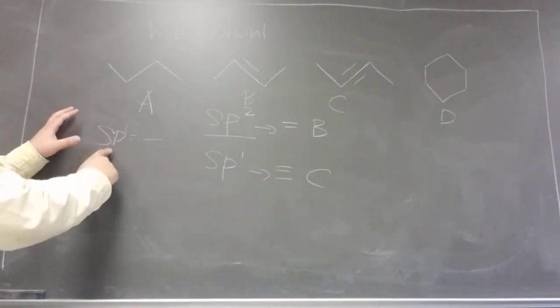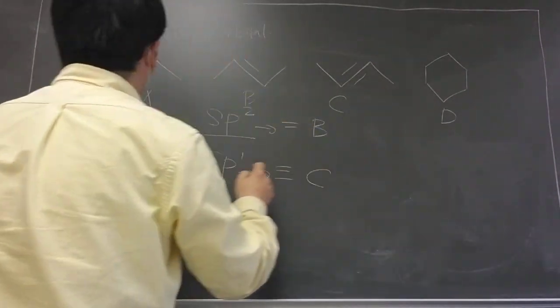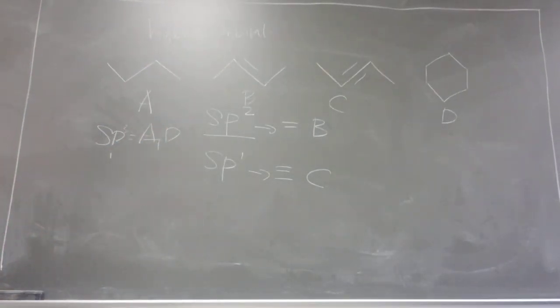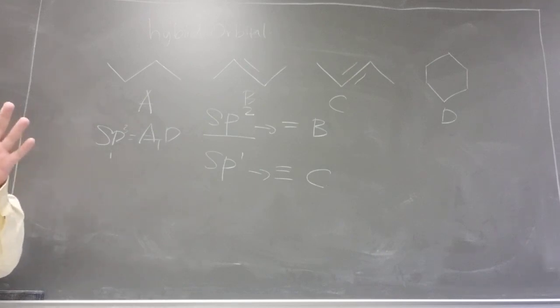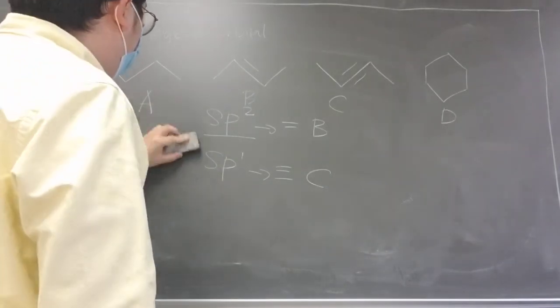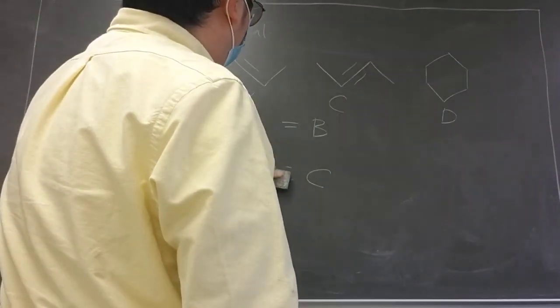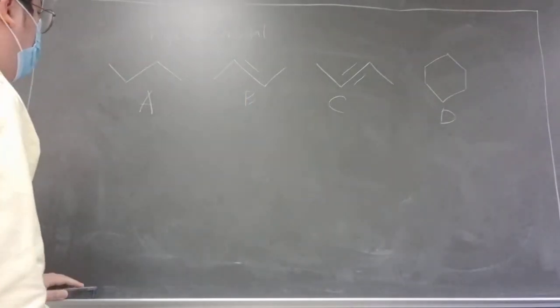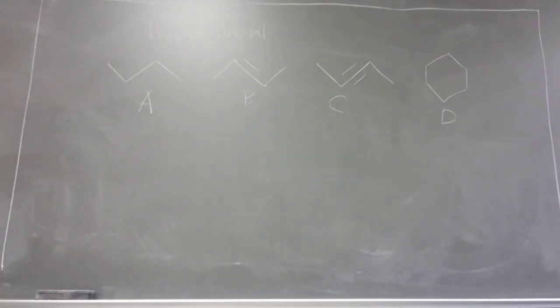If you're looking for sp3, A and D. So multiple correct answers are there for this one. It makes sense, right? Do you want me to go in detail? We want to save some time here, but this is the sort of potential problem you may see. Basically, how many bonds you have.